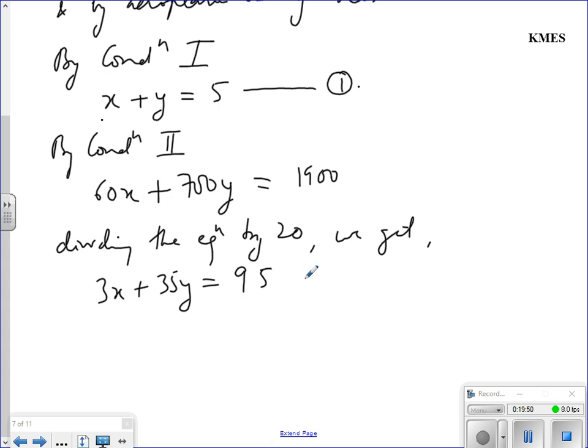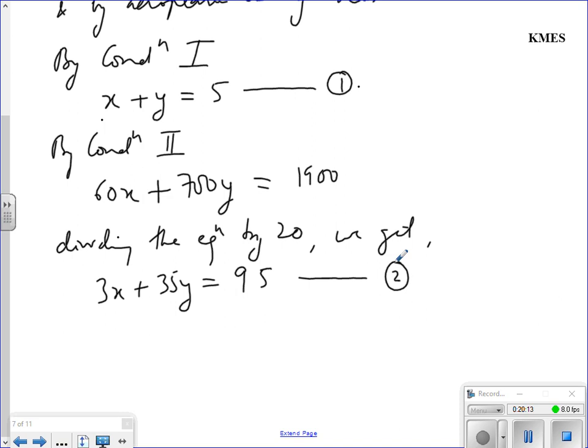That will be our equation number 2. So looking at the two equations, x plus y equal to 5 and 3x plus 35y equal to 95, we have two equations over here. You will solve these two equations again by any method that you can think of. You will get a value of x and y.